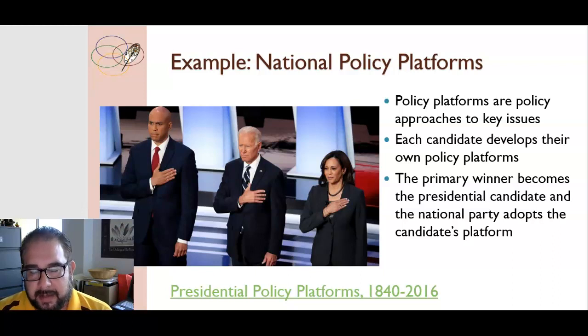So there's differences, and whoever wins that primary election will become the presidential candidate, and the National Democratic Party will adopt that candidate's platform. And so if that candidate becomes president, then that will be the policy approach to health care in the next 4 years.